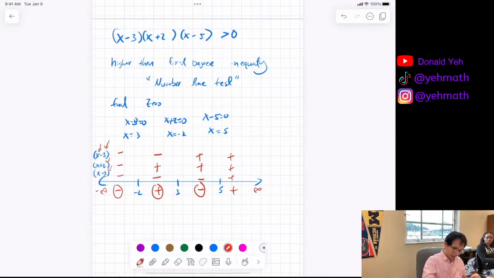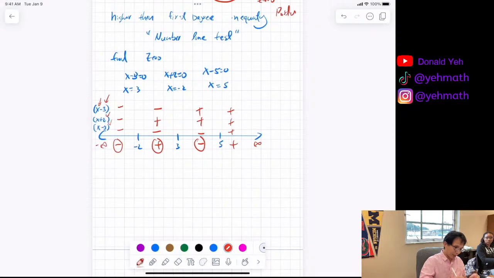So if this is greater than 0, you're looking for the positive region. We've done this before, so it's not the first time. So just look at the positive region, and that's my solution.